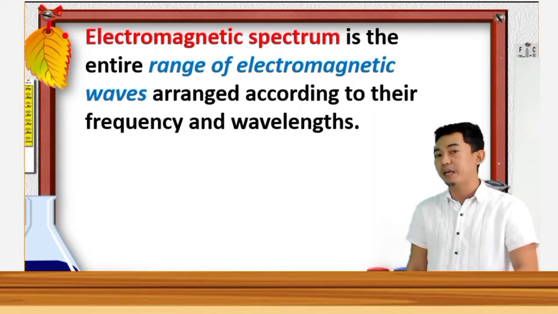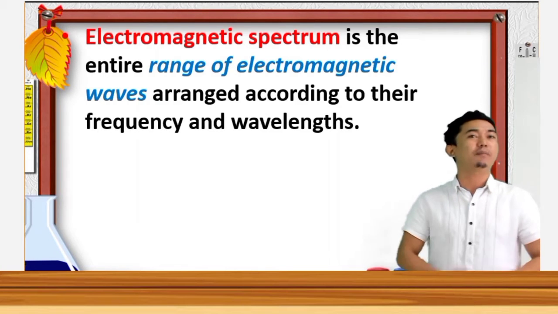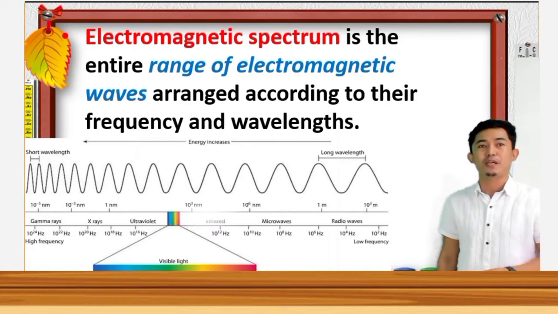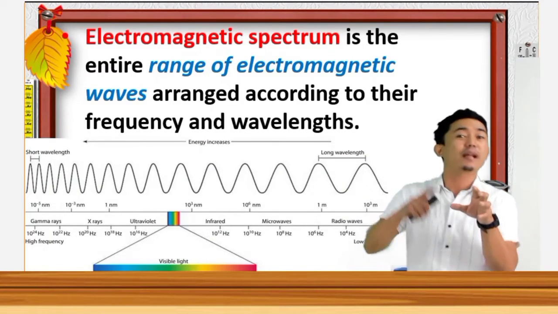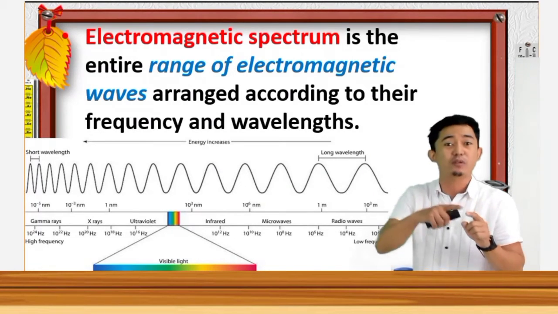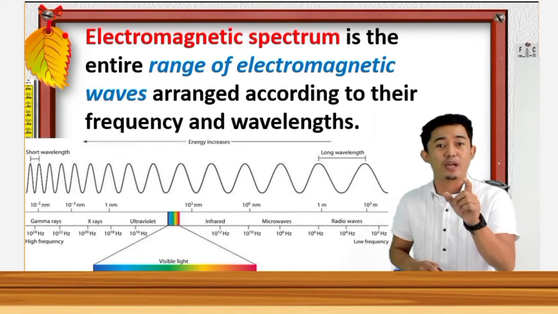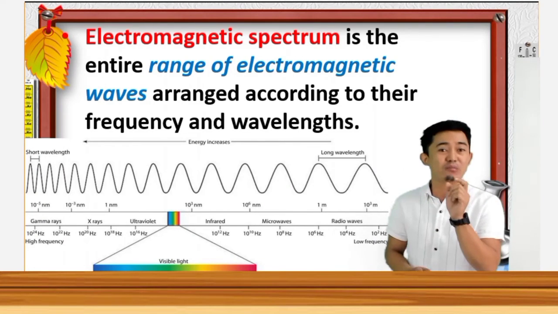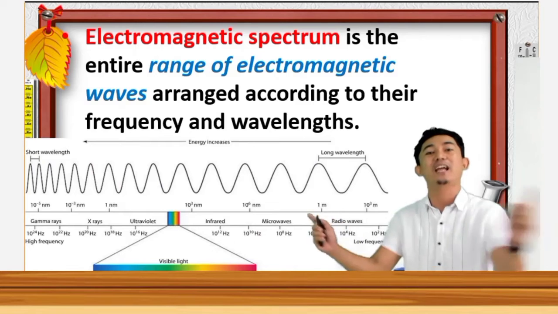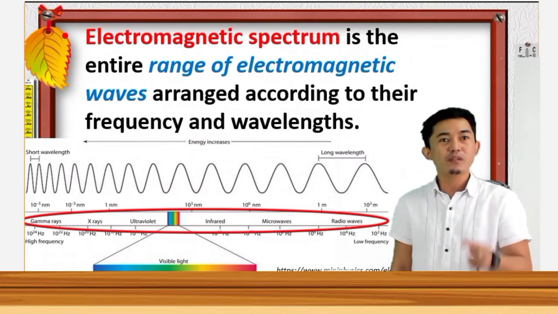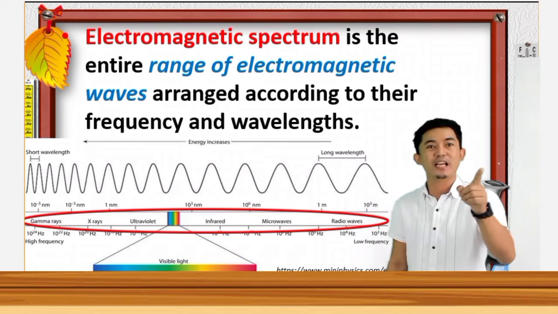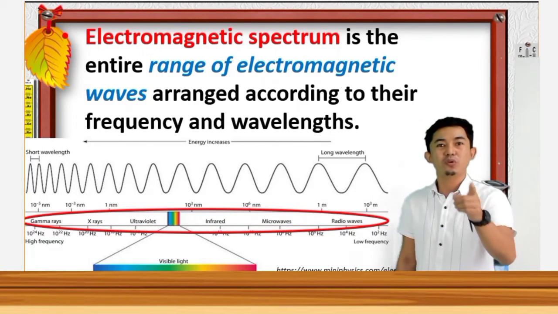And for you to be able to understand it clearly, I have here a photo or picture of the electromagnetic spectrum. And inside the electromagnetic spectrum, class, are what are so-called electromagnetic waves. That's why the electromagnetic spectrum is the entire range. As you notice, I highlighted these words such as gamma rays, X-rays, up to radio waves.